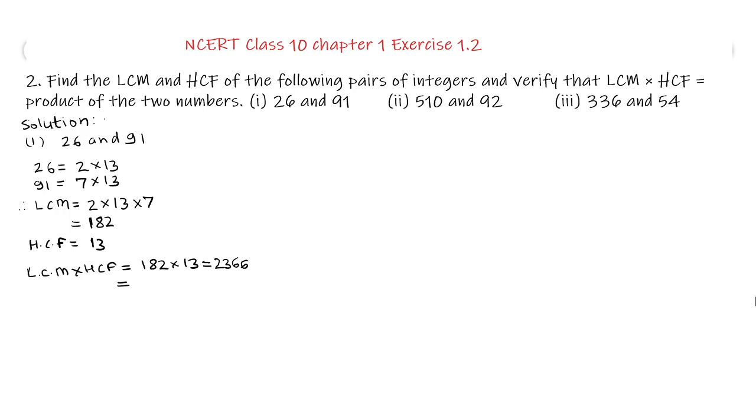So the product of LCM multiplied by HCF equal to 2366. Now we have to find the product of the two given numbers, which is 26 and 91. So we solve here 91 multiplied by 26. 6 times 1 is 6 and 9 times 6 is 54 and 2 times 91 is 182. 6 plus 0 is 6. 4 plus 2 is 6. 5 plus 8 is 13.